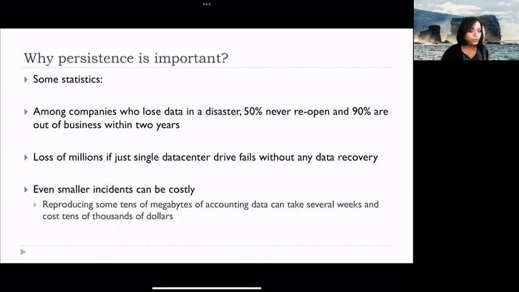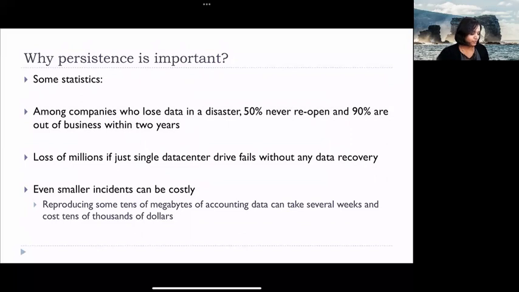Now, why do we need to worry about persistence? We have seen that losing data that is important to us is not an easy loss. Probably in today's world, losing data is the biggest nightmare of any big company or anybody.